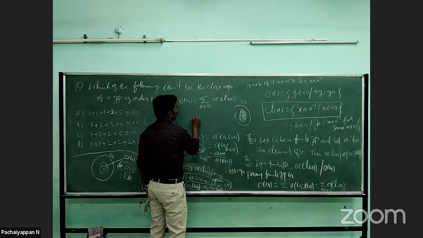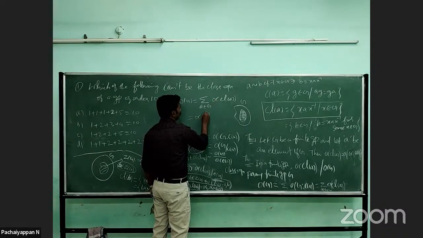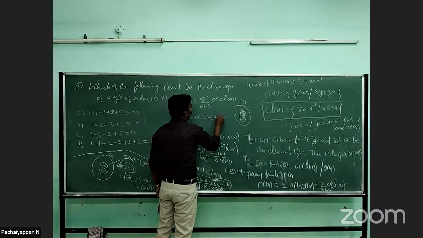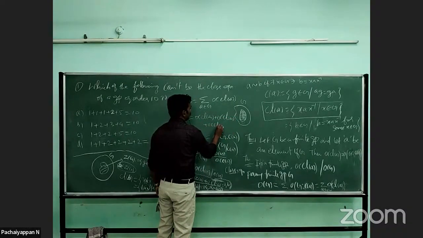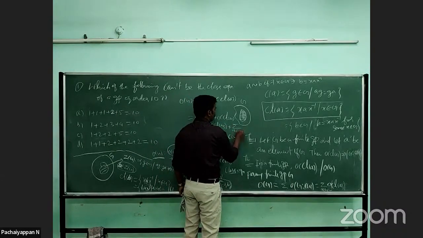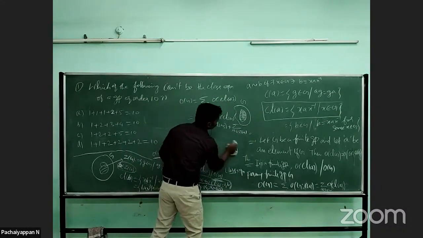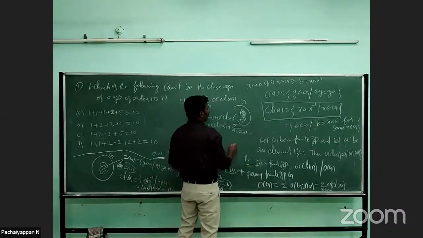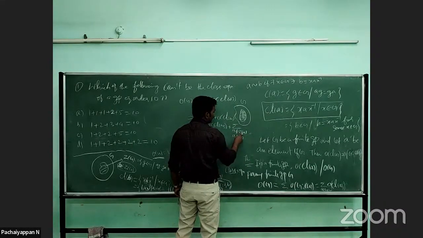Now I would like to rewrite this equation: the order of the class of A1, plus the order of the class of A2, plus the order of the class of A3, plus the summation over A that does not belong to the center of G. A belongs to G but does not belong to the center of G.